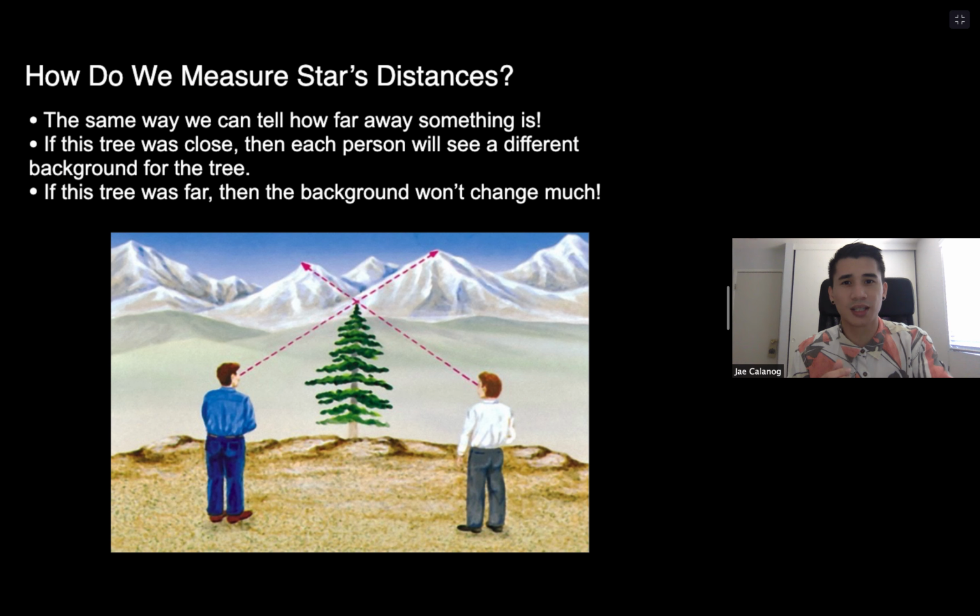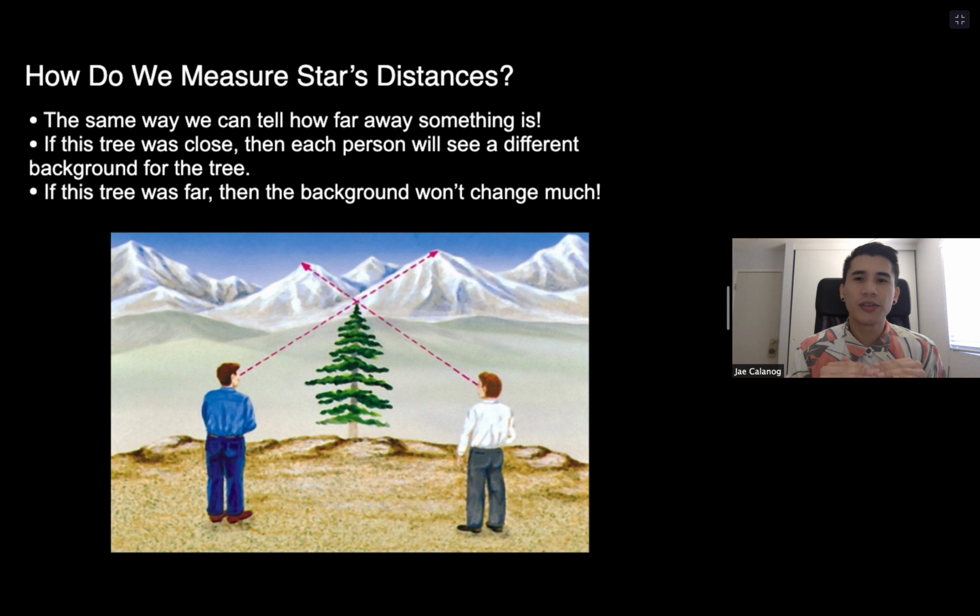The further away you put something, the dimmer it is, but the closer you put something relative to you, the brighter it's going to be. And so it's very difficult to figure out how far away something is. And depending on what kind of object you're talking about, whether it's stars or galaxies, we have to resort to using different methods. So for this lecture, we're going to talk about how we measure stars' distances from us.